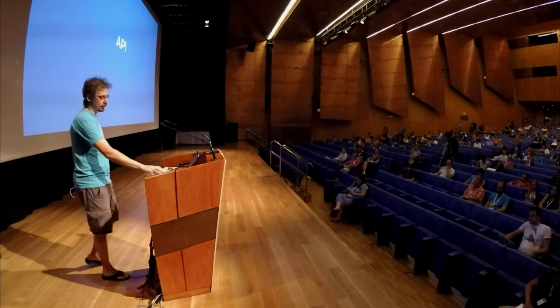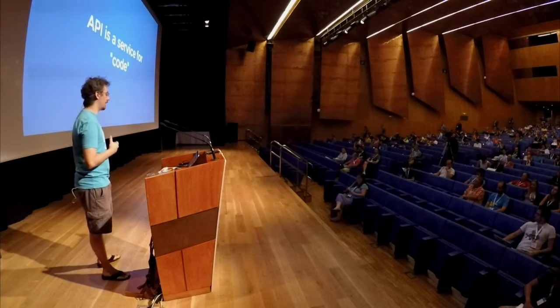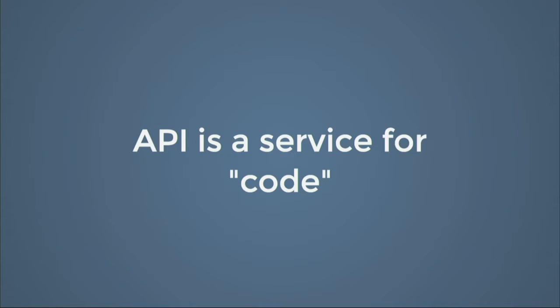So you might say that an API is a service for code, for the real code, for the code that actually does the work, for the application code. And there is a huge difference between the code of the API and the code of the application, the real code. Because the API doesn't really apply to a specific use case.